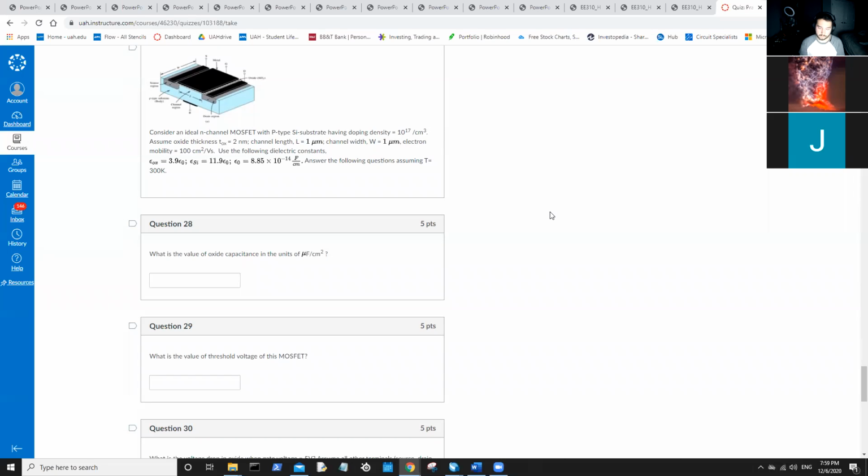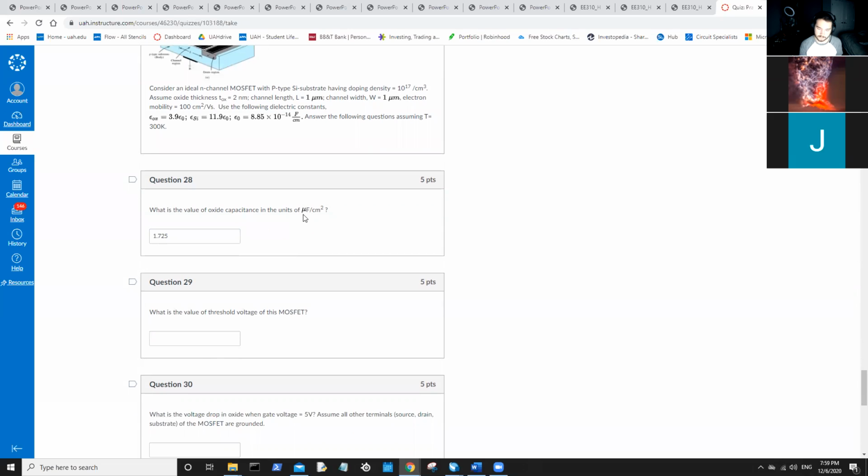So theoretically, we could just enter 1.725 here. I'm not entirely sure on this one. I'm sure we'll find out in a second once we submit whether or not that was the correct unit scaling. I'm pretty sure the formula is correct. It's just a matter of figuring out how to scale properly to the microfarad, because as you can see here, he emphasized that micro, which is a bit tricky.